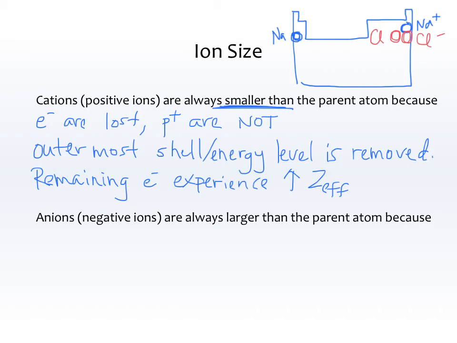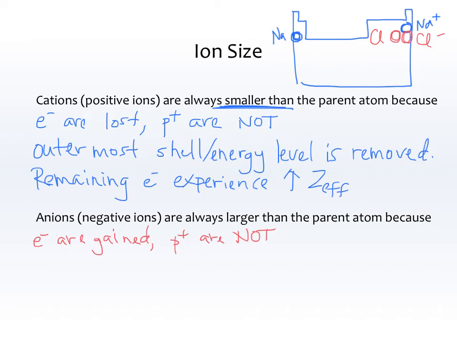That's because when adding electrons, the number of electrons repelling each other increases, but the protons do not. Electrons are gained. Protons are not. The protons aren't going to change. If it's chlorine, it's chlorine. It has 17 protons no matter what. No matter whatever happens to the electrons, the protons stay the same. So the electrons are gained, but the protons are not.